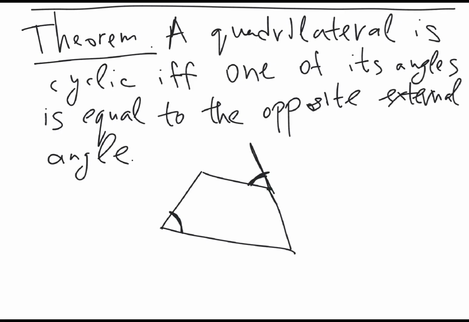This is just a simple corollary of the previous theorem, because, let's write more carefully the word external, so that it would be readable. External. The external angle, of course, is, if we denote this by alpha, then this angle would be 180 degrees minus alpha, right?